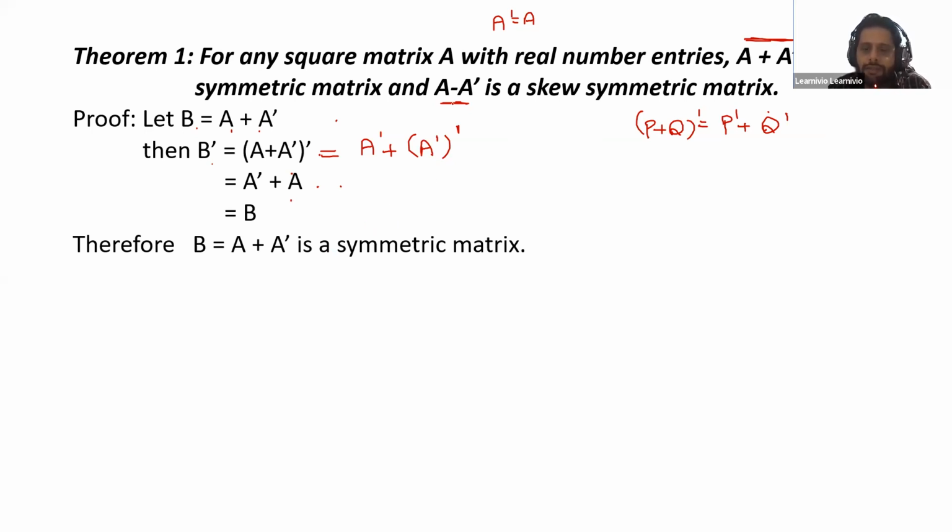If this point is clear, then please do the second part on your own. Please prove this: A minus A transpose is a skew symmetric matrix. Assume anything. Let C is equal to A minus A transpose and try to prove this and confirm with me once this is done.